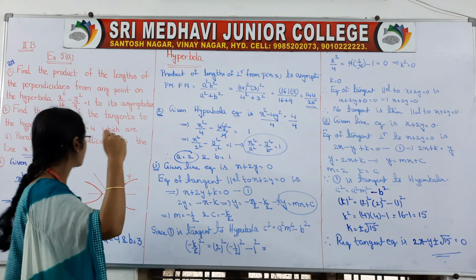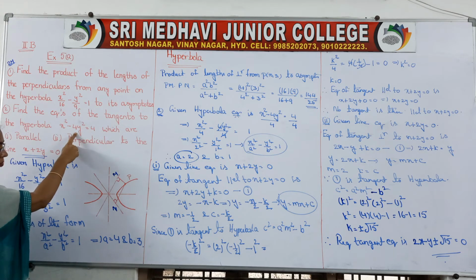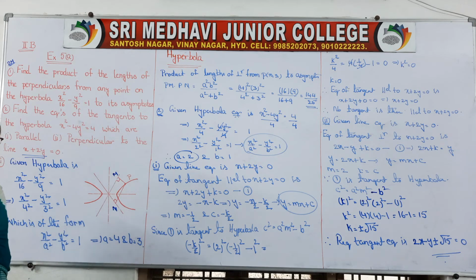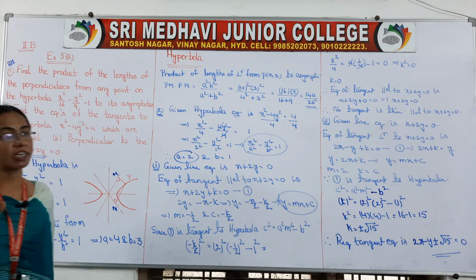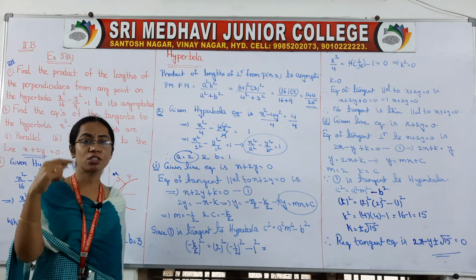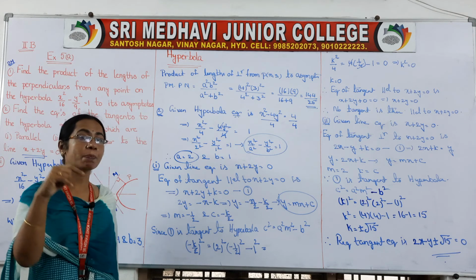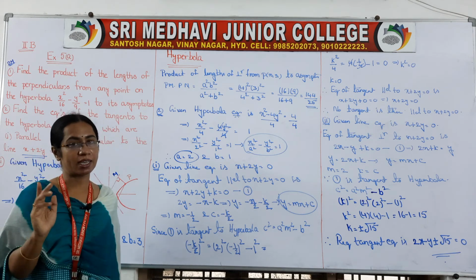Next, come to the second question. Find the equations of the tangents to the hyperbola which are parallel and perpendicular to this line. So, one hyperbola equation is given to you. We have to find the equations of tangents to that hyperbola. One is parallel to a line, another is perpendicular to the line, right.